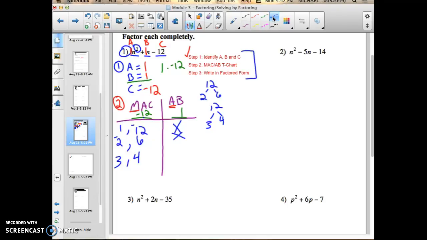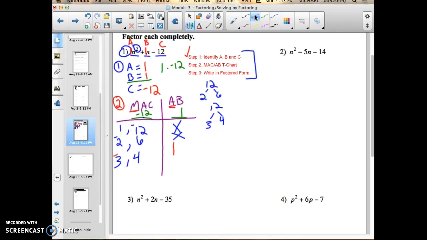And so this is where another thought process has to come in. I need to make one negative because it has to multiply to a negative 12. But it also has to add to a positive 1. So I need to make, in this case, the 3 negative. Because negative 3 times 4 is definitely a negative 12. And then negative 3 plus 4 is a positive 1.